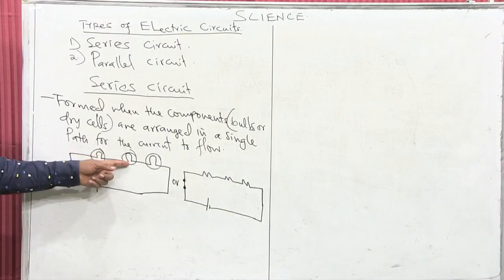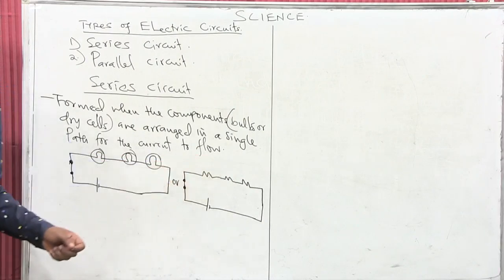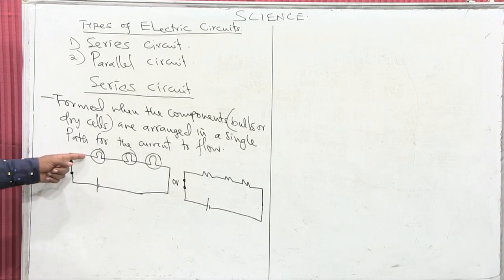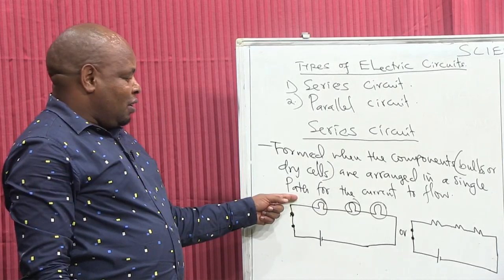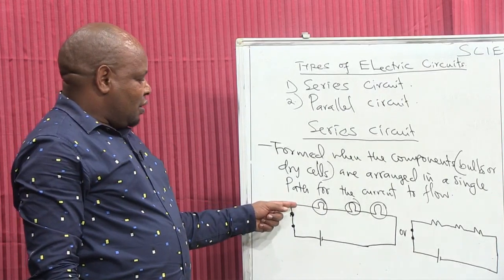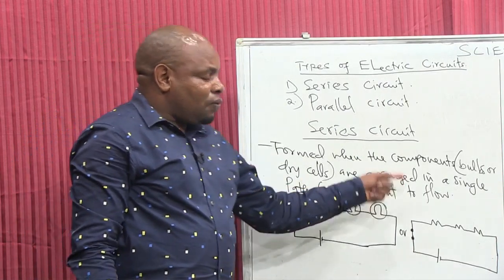These are bulbs. You can see these bulbs, they are arranged in one path for the current to flow.